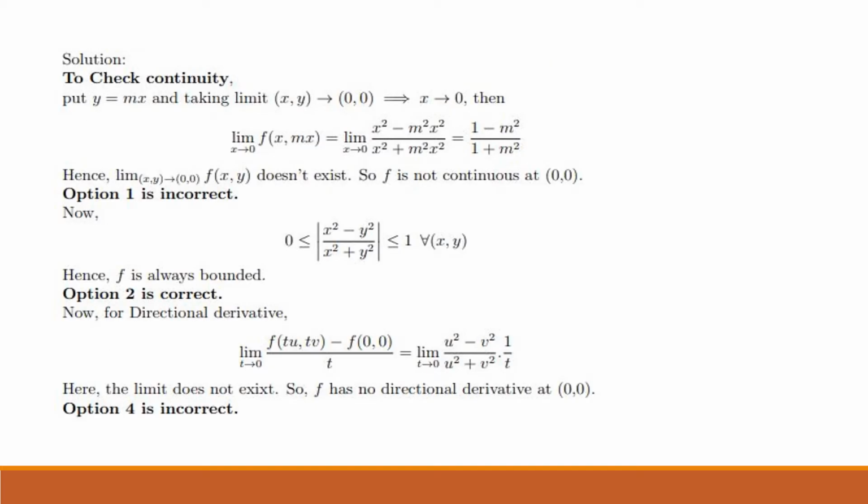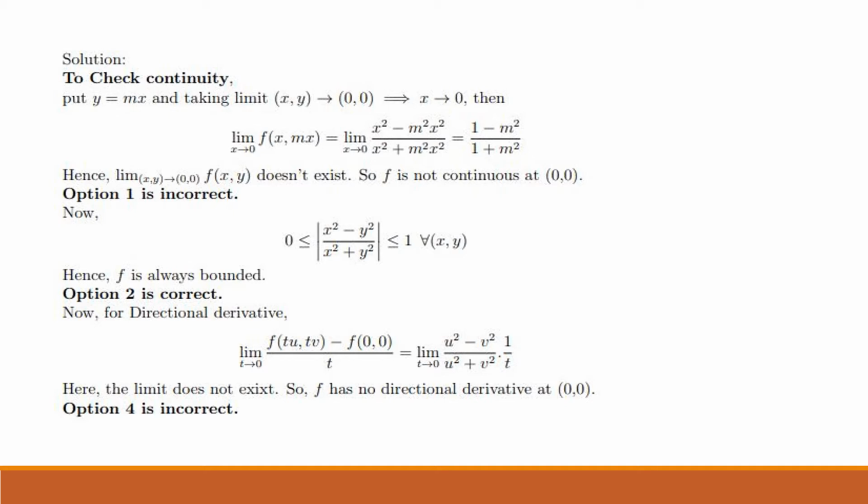First, to check the continuity case, just put y equal to mx and take the limit as (x, y) goes to (0, 0), which implies x goes to 0. Then we get the limit as x goes to 0 of f(x, mx) equal to (1 minus m square) by (1 plus m square).